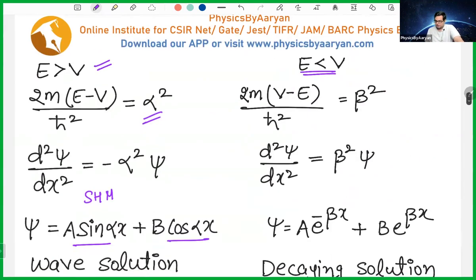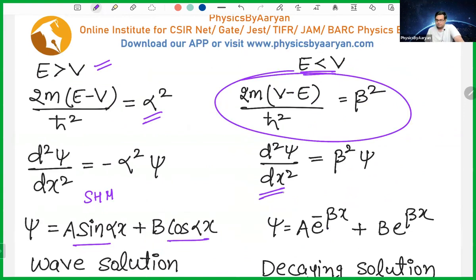Then whatever is left, I can call this beta square, and then my Schrodinger equation will become d square phi by dx square equals beta square phi. Now at least 2-3 times we have discussed this many times. This is again a hyperbolic solution. The solution to this equation will be hyperbolic, because there is no negative sign here.